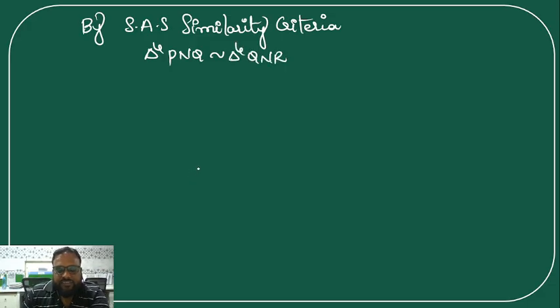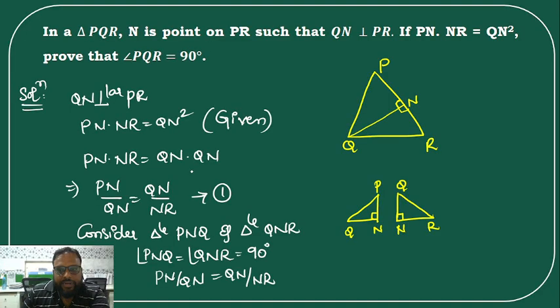Now when these triangles are similar, the remaining angles will also be equal. If you check, this angle will be equal to this angle and this angle will be equal to this angle.